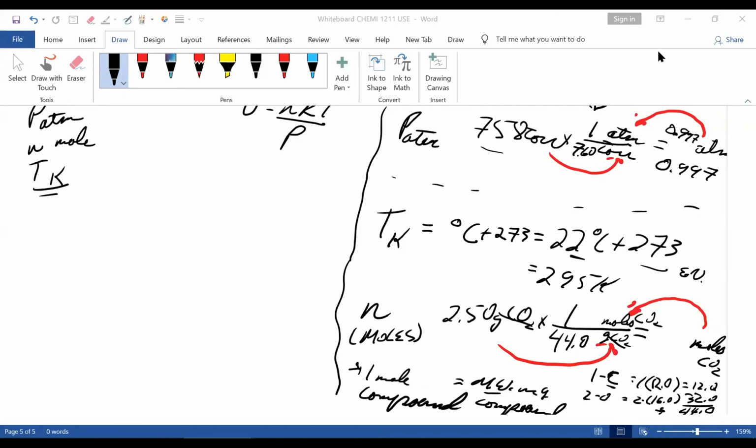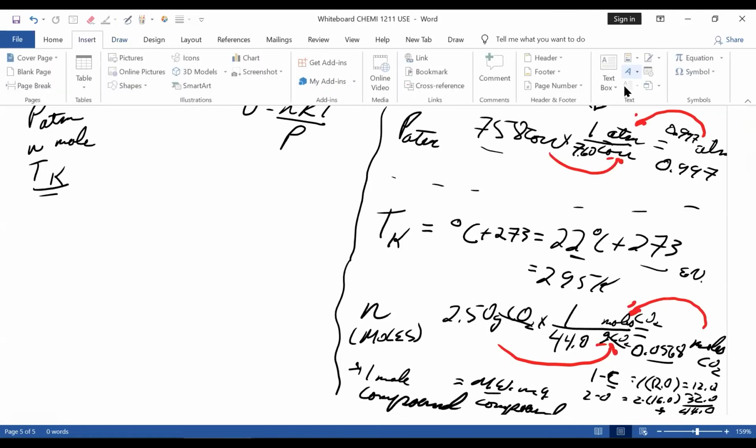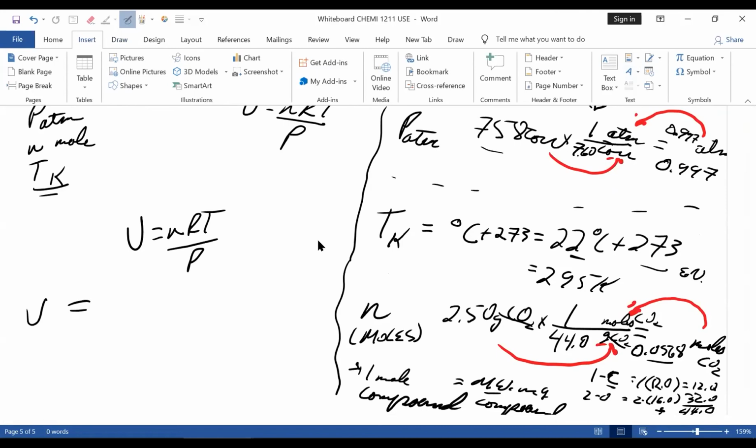And therefore we have this. Now, if we go over here, we have V equals nRT over P. I'm writing it down again so you can see it. n is 0.0568 moles.